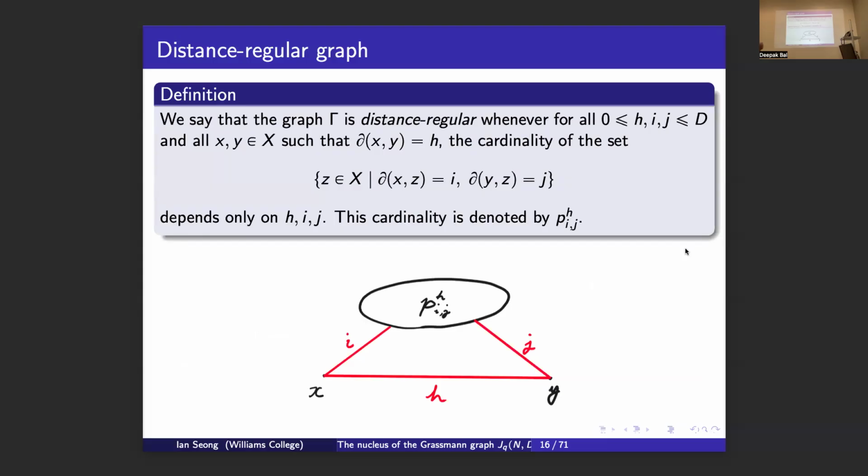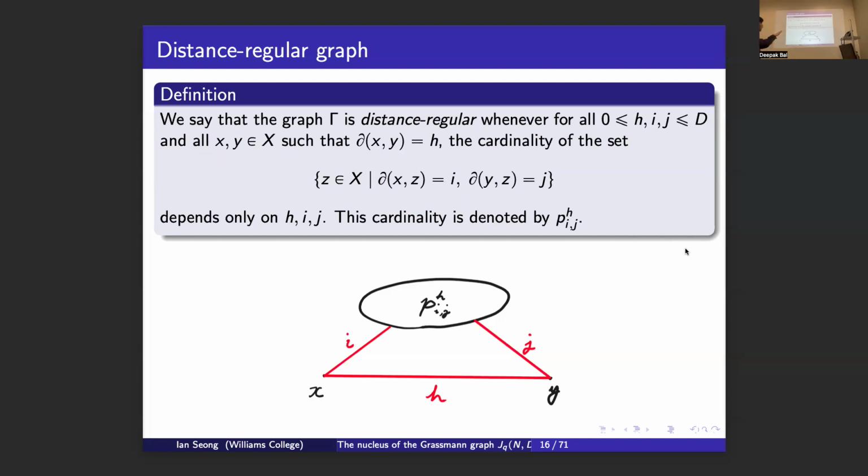Now we have a definition of a distance regular graph. We say that the graph gamma is distance regular whenever for all numbers h, i, and j between 0 and the diameter d, and all vertices x and y such that their distance is h, the number of vertices that are i away from x and j away from y is a constant that only depends on h, i, and j and not on the specific choices of x and y.